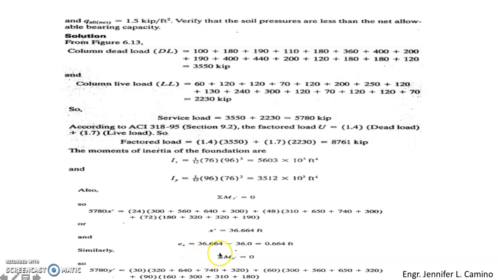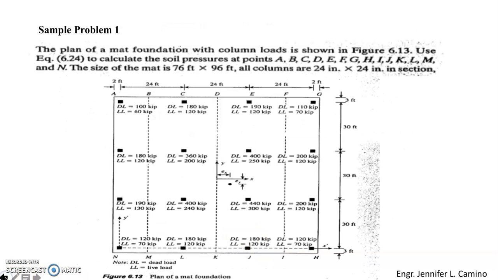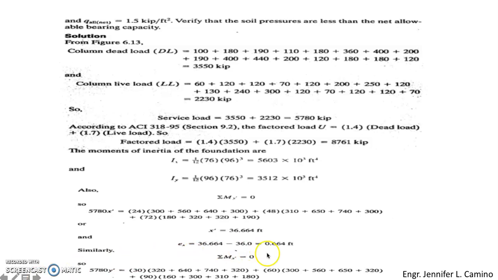Our e sub x now is, we simply have to subtract 36.66 feet minus B all over 2. We are given with the width which is 76 all over 2. So you can have now given for the eccentricity along x direction is 0.664 feet. So this is now our e sub x, eccentricity along x direction.